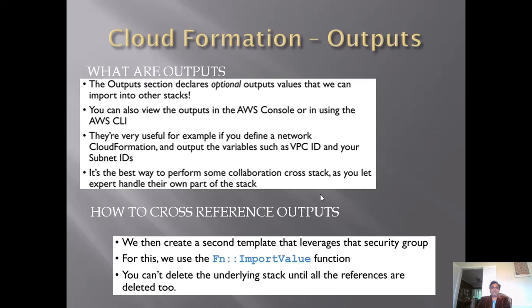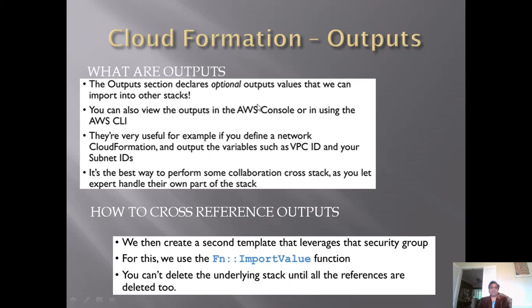Okay, so there is something called outputs. The outputs section declares optional output values that we can import into other stacks. Before I go deep into outputs, for example, you have one stack and you want to refer to that value in another stack, so that you don't have to keep creating security groups or VPCs in every stack. You just want to keep them in a separate stack and refer to them in your resources. How to do it? Outputs is one way of doing it. There is also a nested stack that we are going to discuss later.